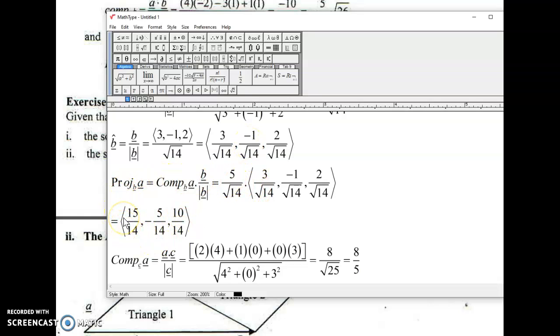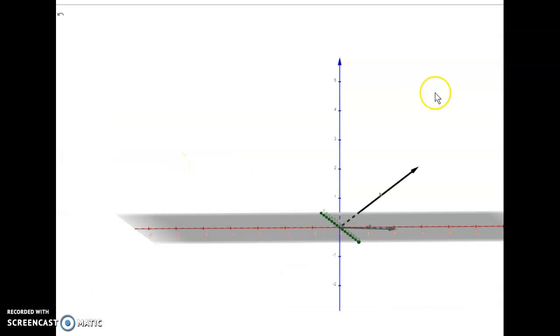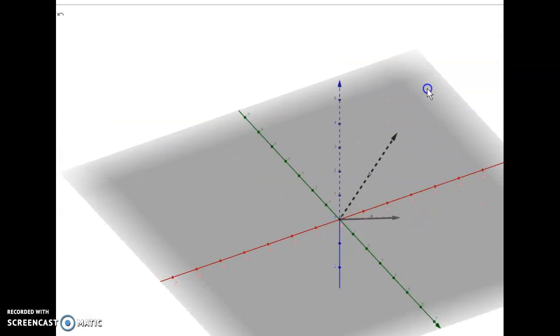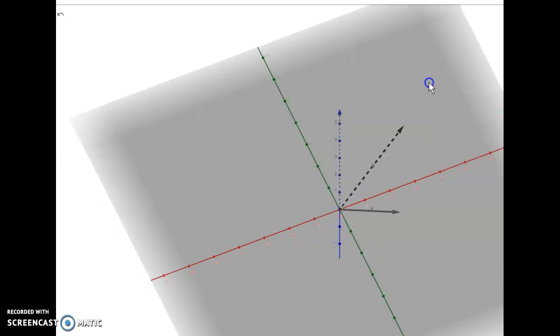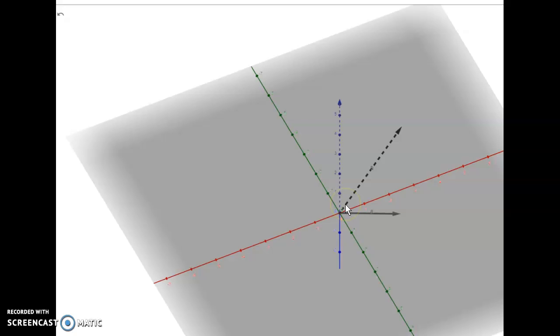This is the vector. Now let's see, is it really the vector? Is this really the projection of A onto B? We have A and B, and we want to check whether the vector that we have just now, 15 over 14, negative 5 over 14, 10 over 14, really lies on this vector B and is perpendicular to A. After I plot it, this is what I get.